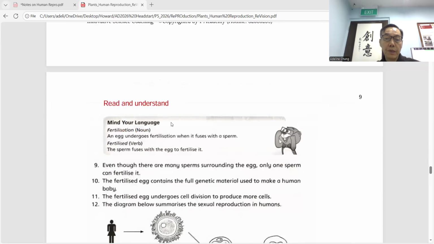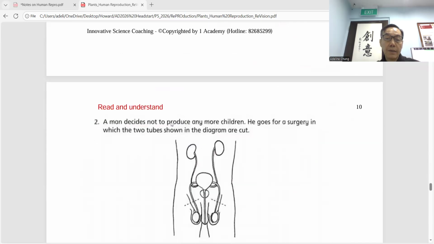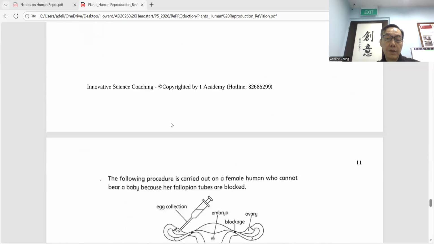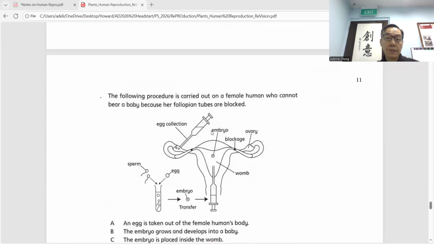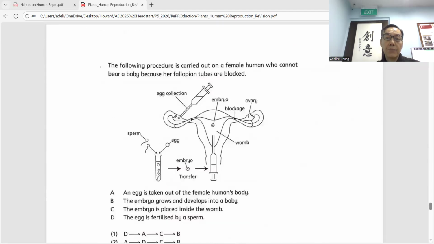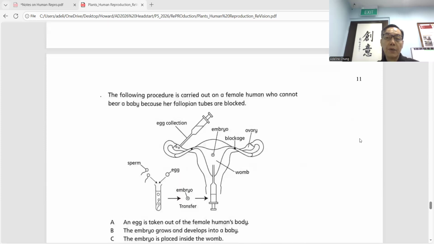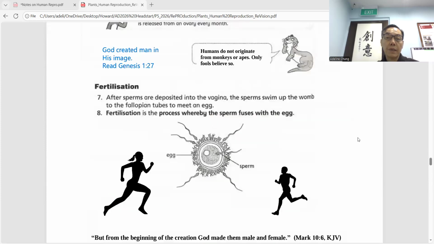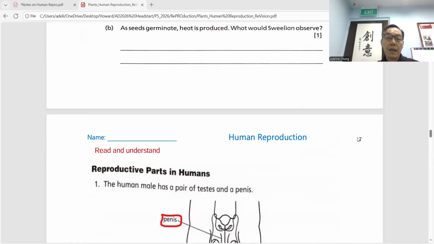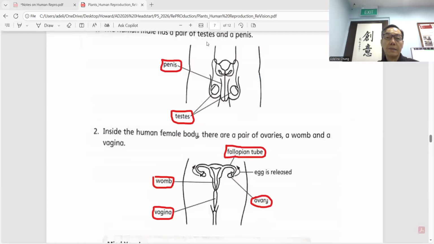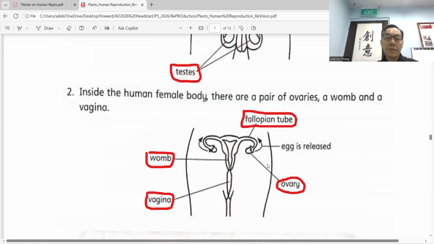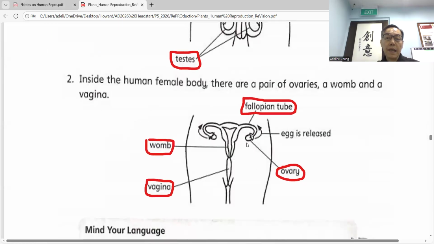If you refer to the diagram presented in your worksheet, this is the fallopian tube. The egg is released at the ovary, so it travels along the fallopian tube.